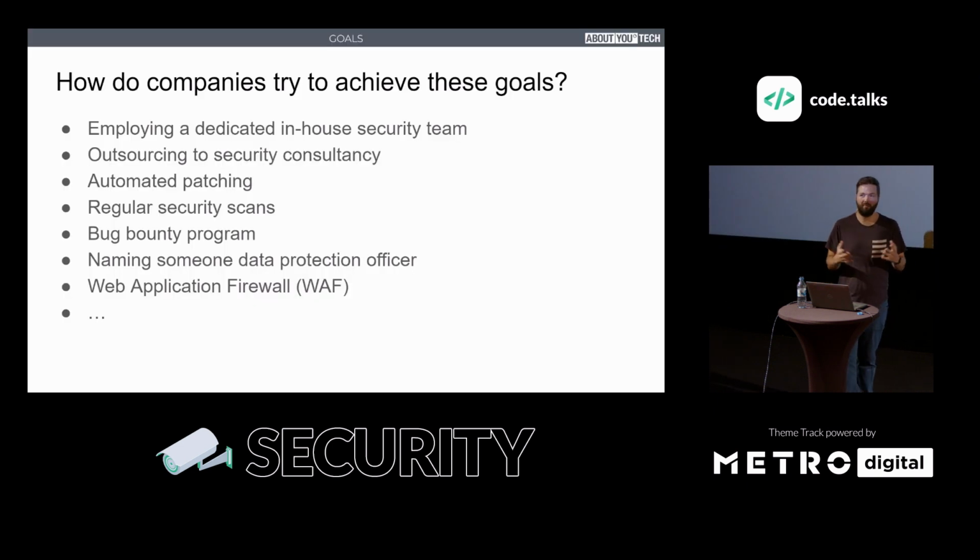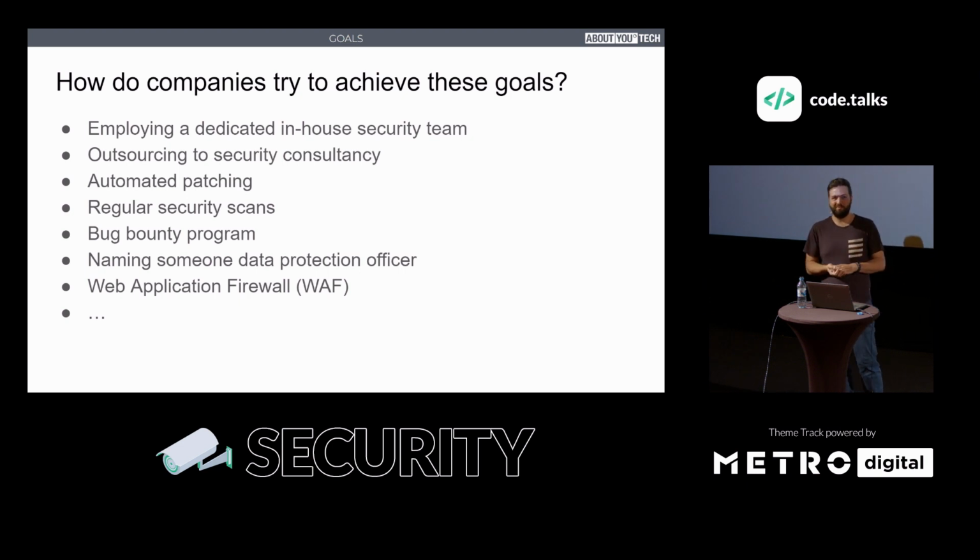Okay, let's look at the most common examples that I've seen in my professional career. We already heard something. So this may be, for example, employing a dedicated in-house security team, or the contrary, as we may have heard over there, outsourcing the security to a security consultancy. Automated patching, we heard. Regular security scans, however they may look like. Many companies also try with a bug bounty program.